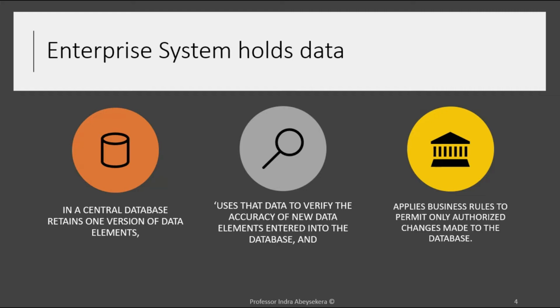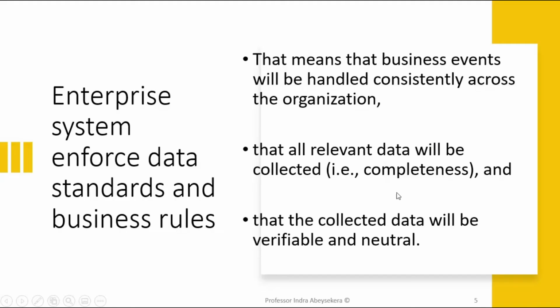It does that by applying business rules and permitting only authorized changes and acceptable data to be accepted by the database. So an enterprise system enforces various data standards and business rules to do that.